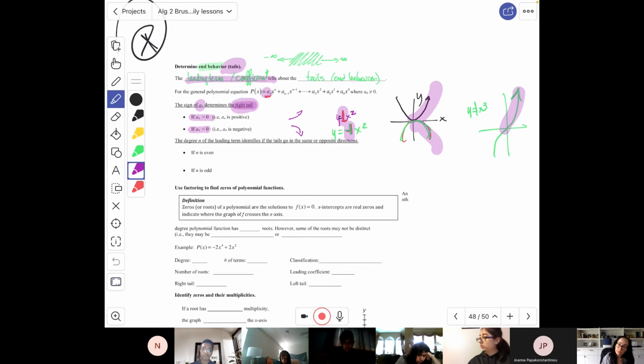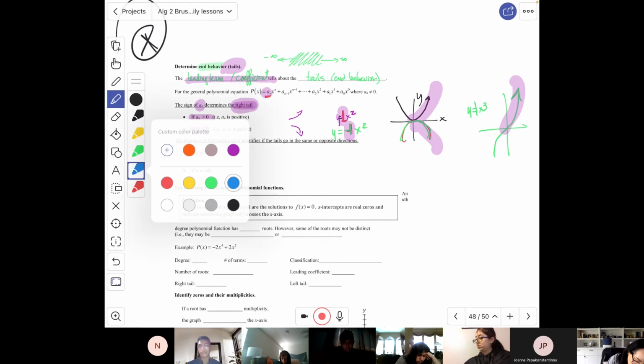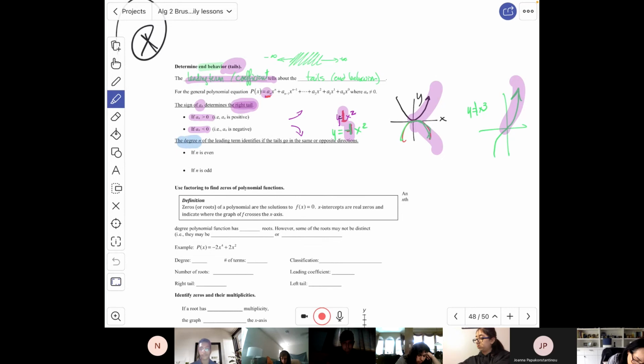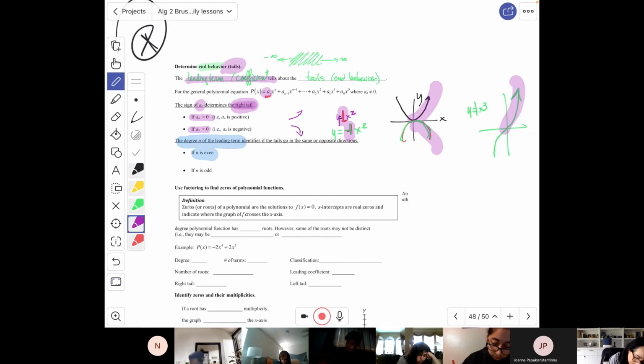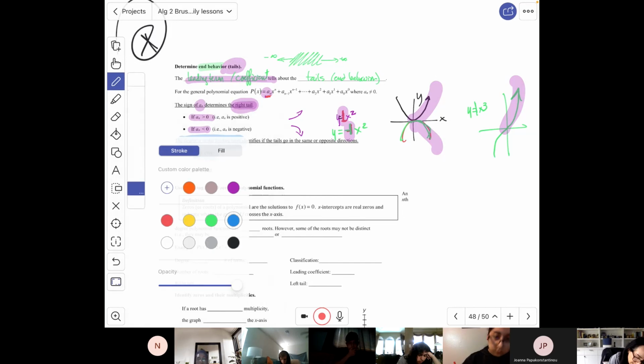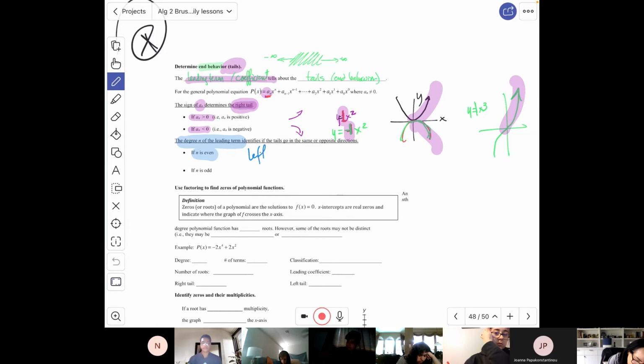How do I know what the left tail does? The left tail has to do with the degree of the polynomial. So if the degree is even, the left tail does the same thing as the right tail.